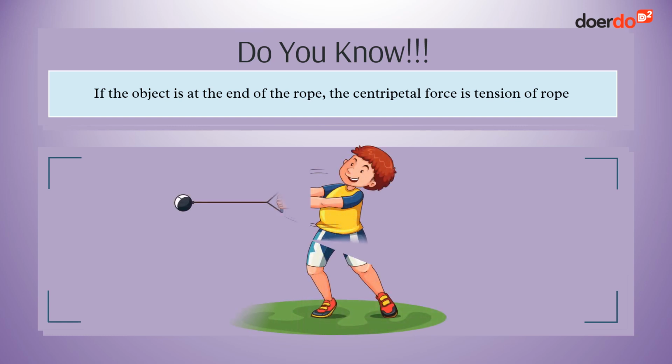So, some interesting fact for you: if the object is at the end of the rope, the centripetal force is tension. So you see, what's holding this ball is your centripetal force, right? But if you look carefully, this is actually your tension from the rope. This is acting as the centripetal force.